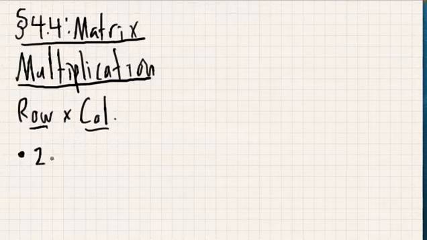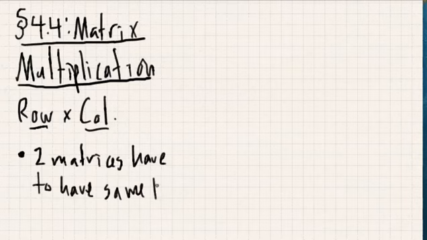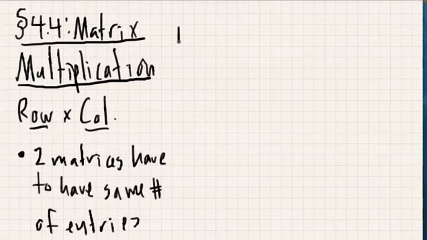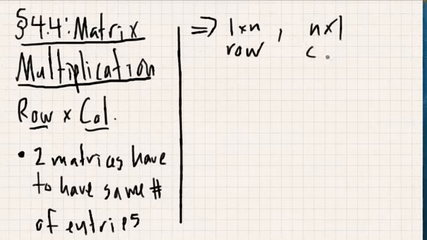The two matrices, if we have a row and a column, have to have the same number of entries. And what this really implies is that the row matrix is a 1 by n matrix row, and the column is n by 1.